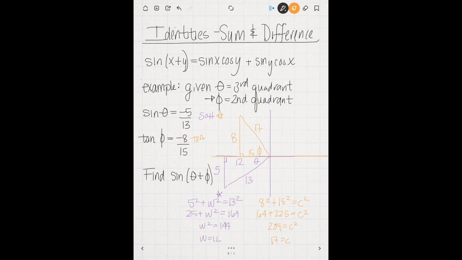set up my equation. Since they want me to find the sine of theta plus phi, I'm going to use this equation right here, and I'm going to transform to what it says. So let's go over here.